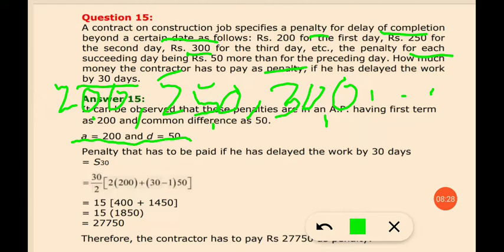If 2 days are delayed, then for the second day 250 rupees, and for the first day 200 rupees also he has to pay. Got it? It's not that if 2 days are delayed, then only 250 rupees will be paid. No, he will pay 250 rupees, and also the previous day's 200 rupees delay charge. Okay, and we have to find for 30 days.